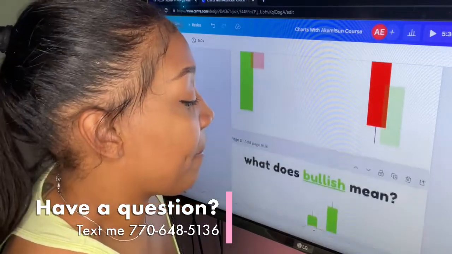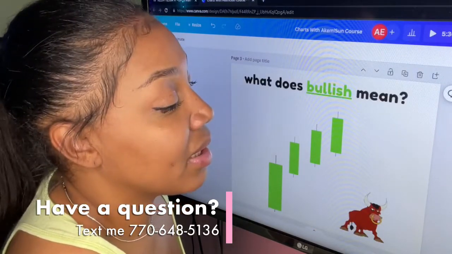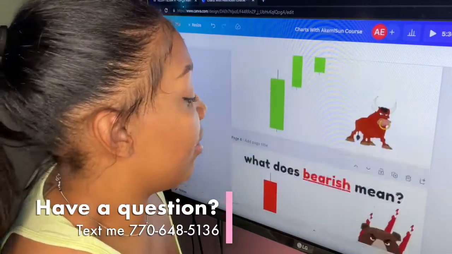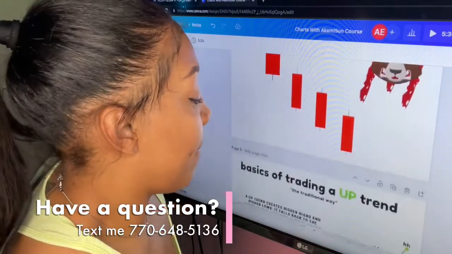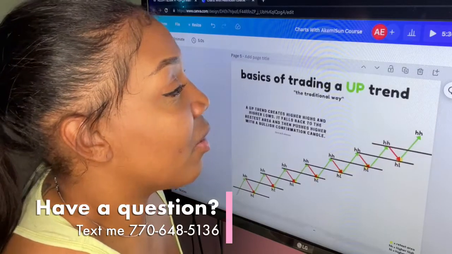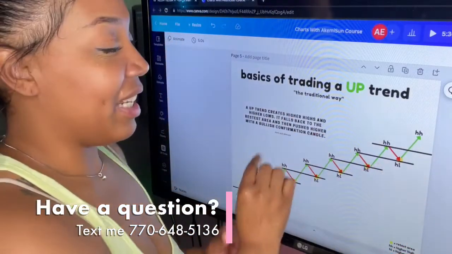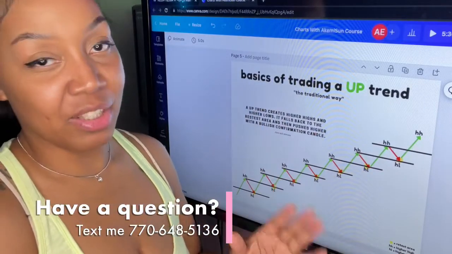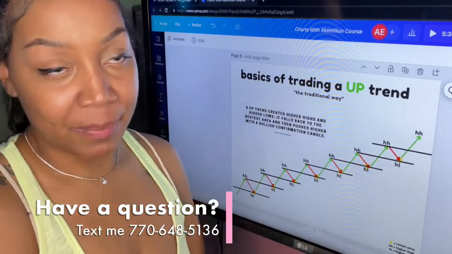All right. So we learned what bullish was, right? You guys remember what bullish was? And then we know what bearish was. All right. So, matter of fact, I'm not even going to get on this part yet because this is going to probably take us another 20 minutes, you guys.